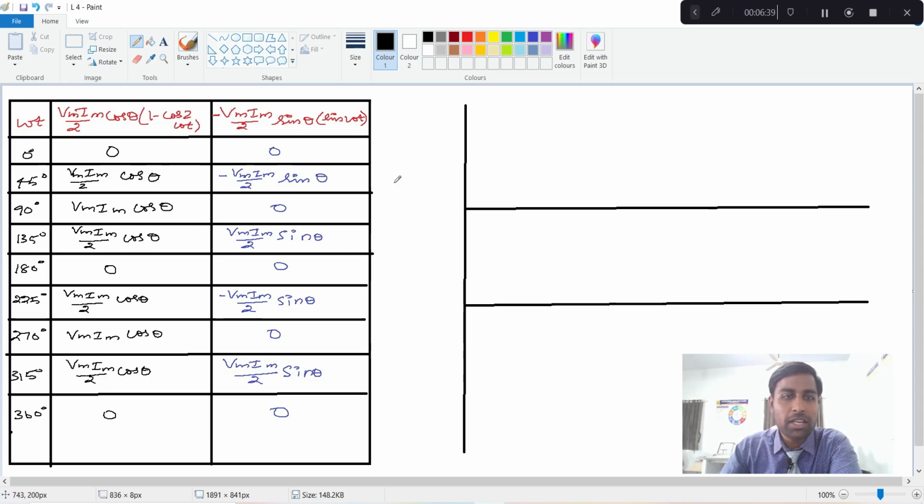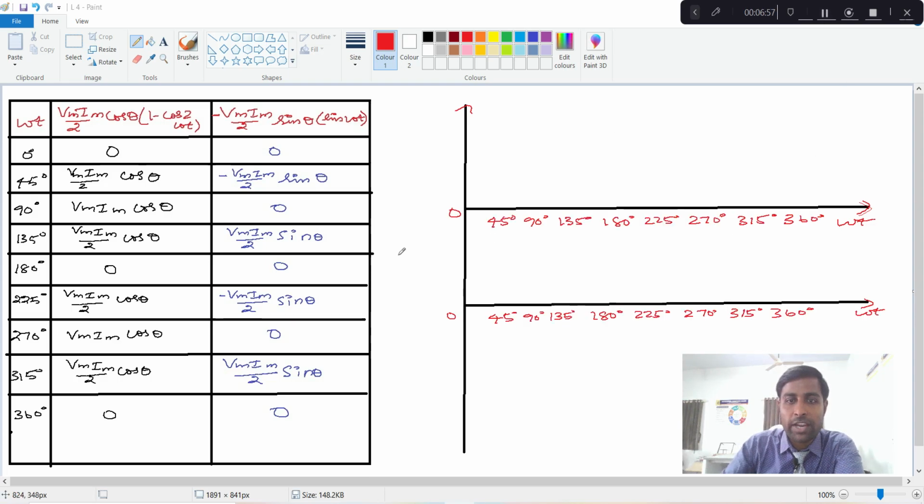Now I am going to substitute in this graph. I am going to take this as my omega t, and this is my first expression, and I will mark down the points now. I have taken the x-axis as 45-degree split ups in both expressions.